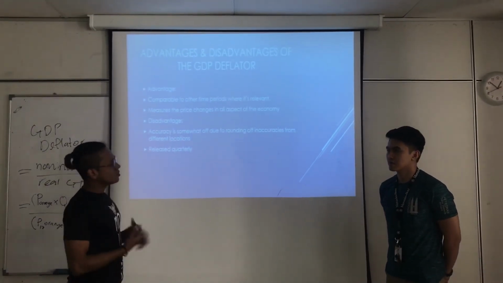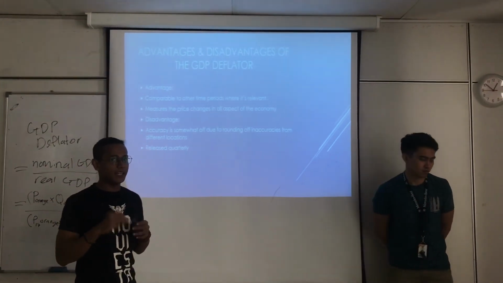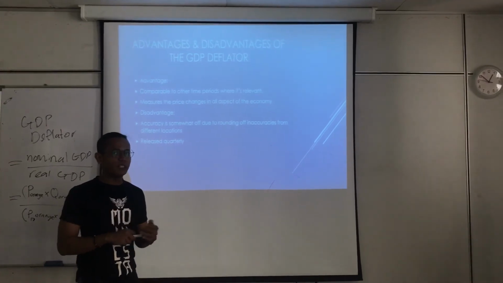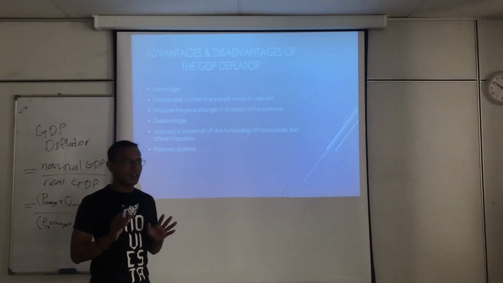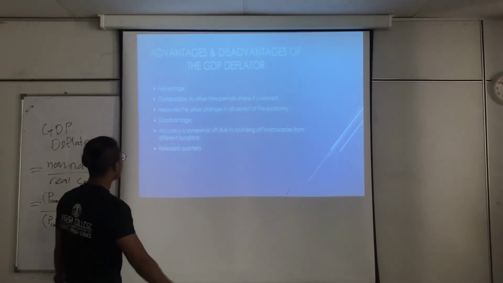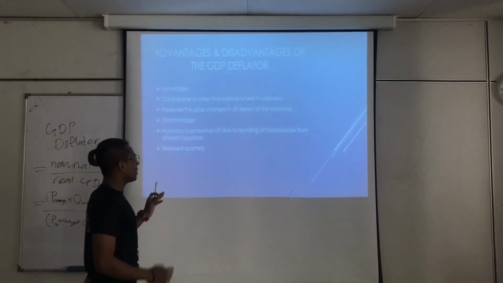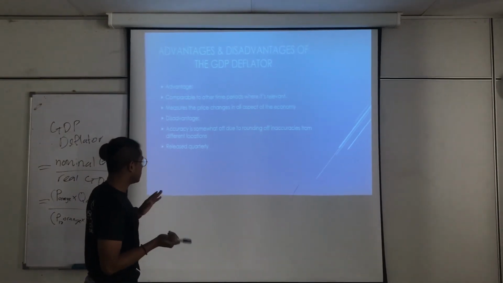It also measures the price changes in all aspects of the economy. Like I said, the CPI only measures consumer expenditures, but GDP covers a lot of things in the economy.